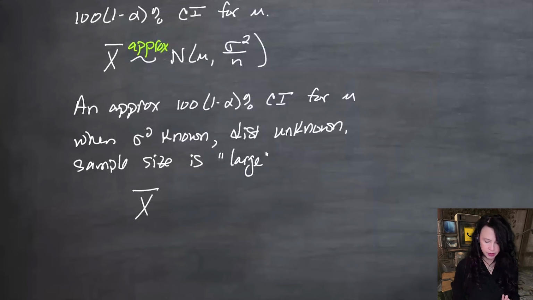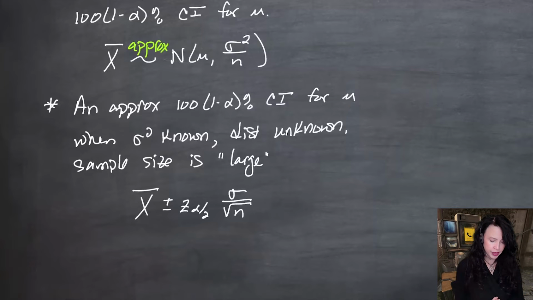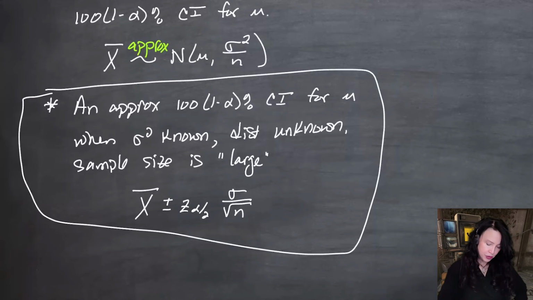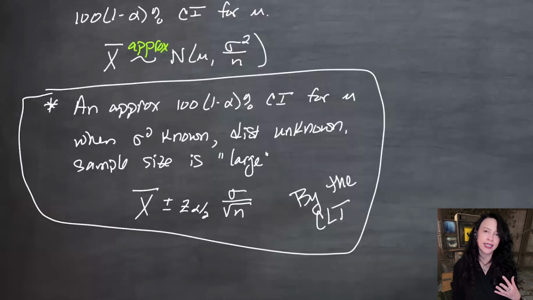It's approximate, but x bar plus or minus z sub alpha over 2 times sigma over the square root of n. So like this could be another formula in a box in that Stat 101 course. And this is why, because we're using the central limit theorem. So this is by the central limit theorem that gives us that normality approximately, because n is not infinite for our sample. And that's why we want to use the critical values from the normal distribution.